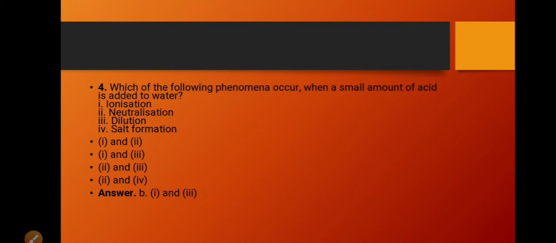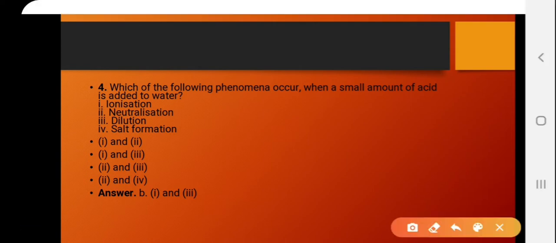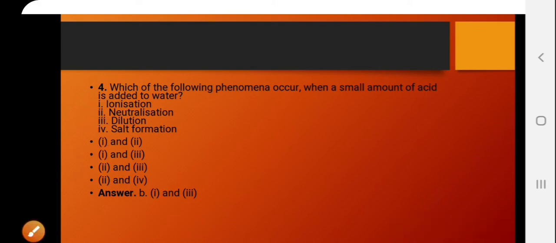If you have some knowledge about that, you will understand that the ionization process and dilution process both occur when a small amount of acid is added to water. So the answer is B, first and third: ionization and dilution occur.